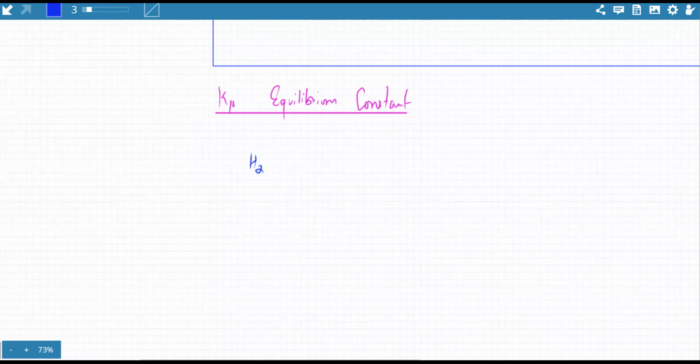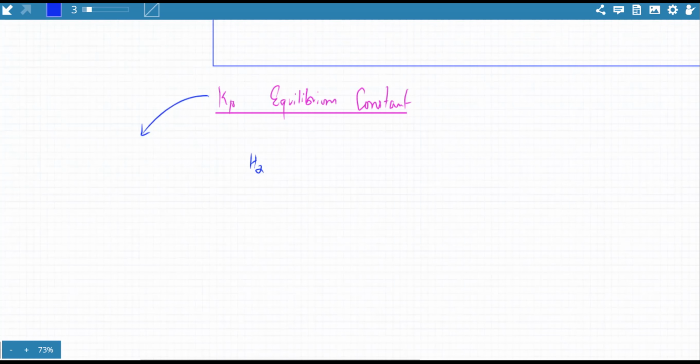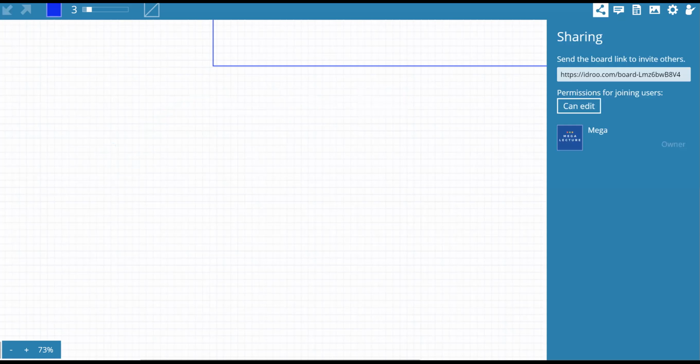Remember, it only applies, or mostly applies, to gases, because gases are the only things that change pressure. Solids and liquids have constant pressure. For gases, if there's more gas, the concentration of the gas is higher.